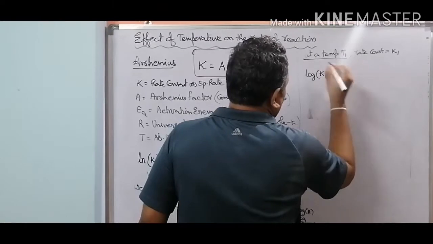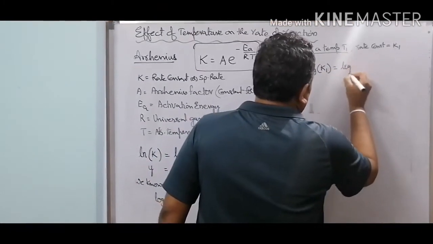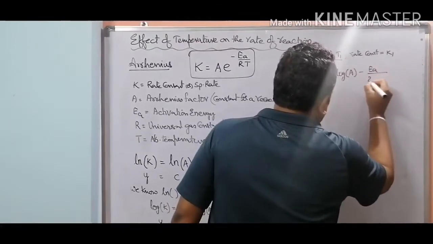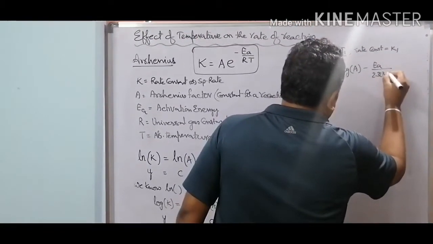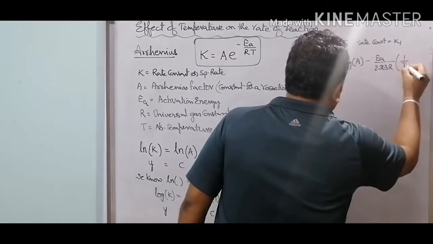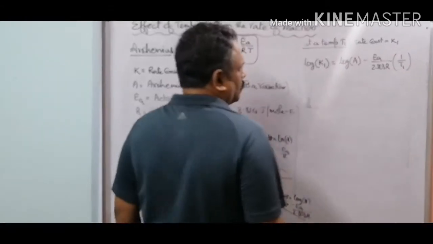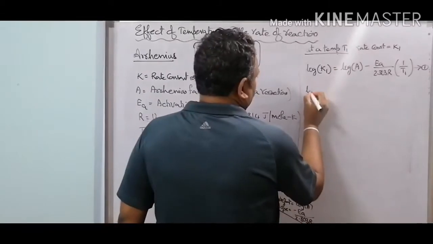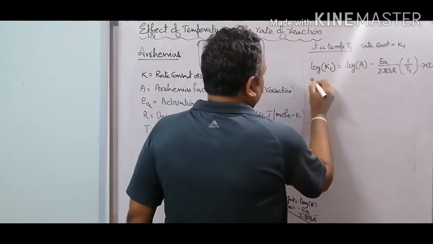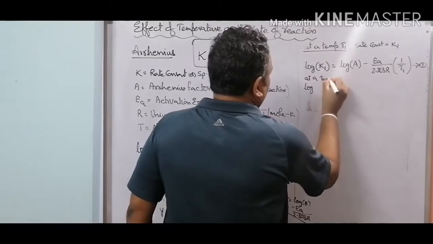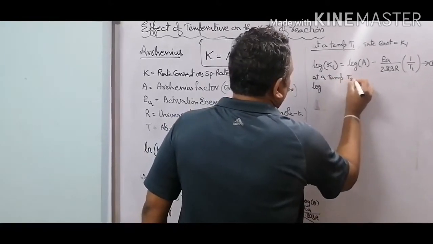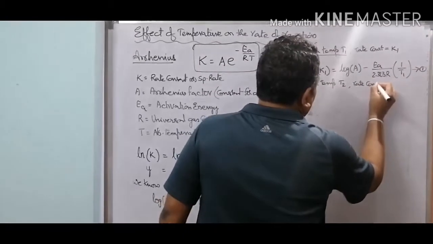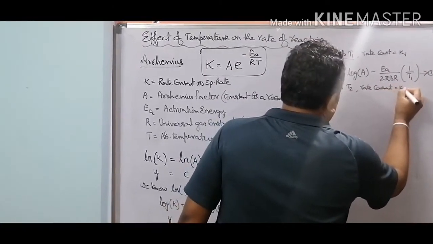Log of K1 is equal to log of A minus of EA by 2.303 R into of 1 by T1. Okay, let us mark this as condition 1. Similarly, at a temperature of T2, the rate constant would change as K2.